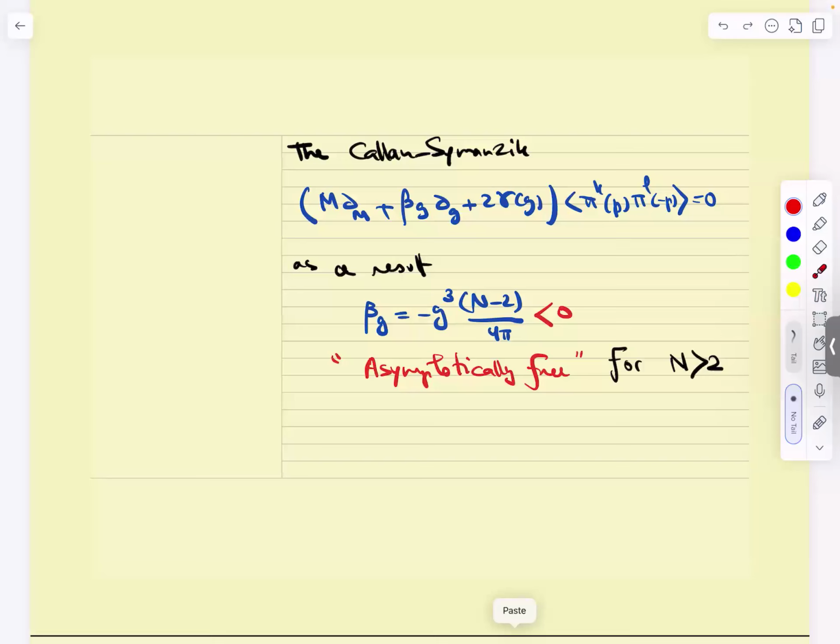So in summary, what did we do today? We introduced the nonlinear sigma model. A nonlinear sigma model is when you have a large symmetry group, and that symmetry group is realized nonlinearly in terms of some lower dimensional degrees of freedom.